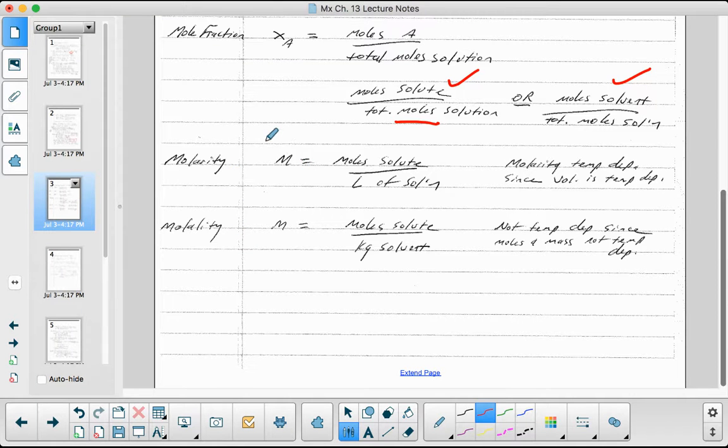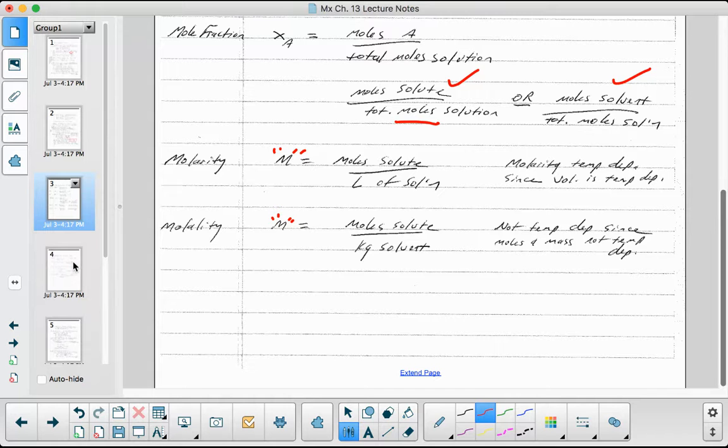Molarity is noted with a capital M, and molality is noted with a lowercase m. That's not very clear in my writing. They're different: a capital, a lowercase. Molality is moles of solute per kilograms of solvent. This is not temperature dependent because the mass of your solvent will not change based on temperature.